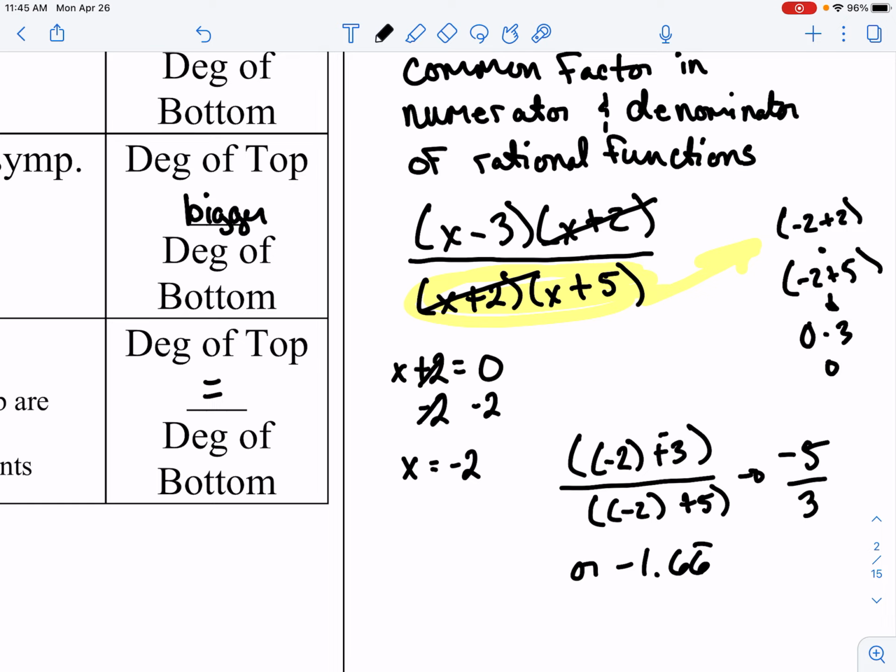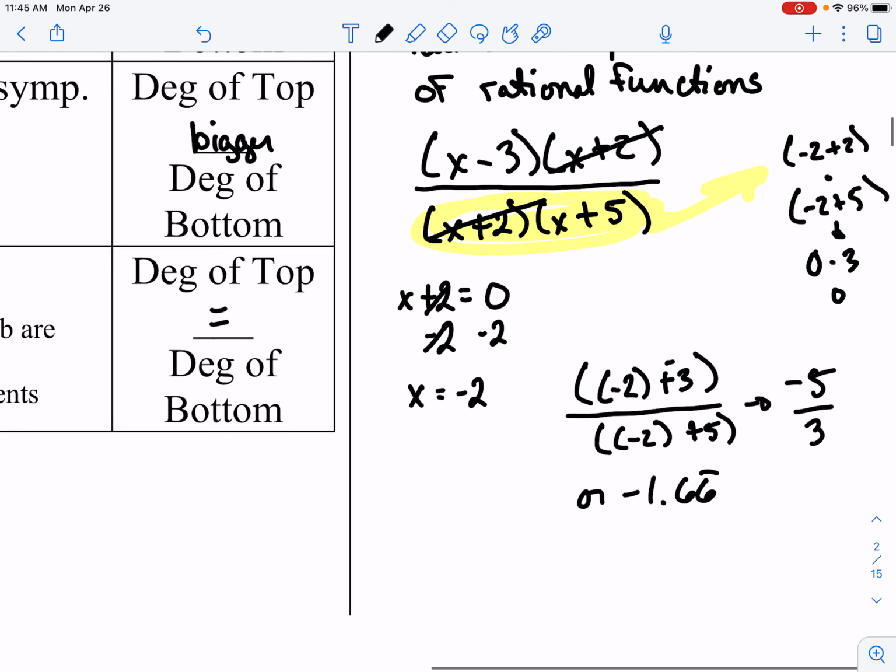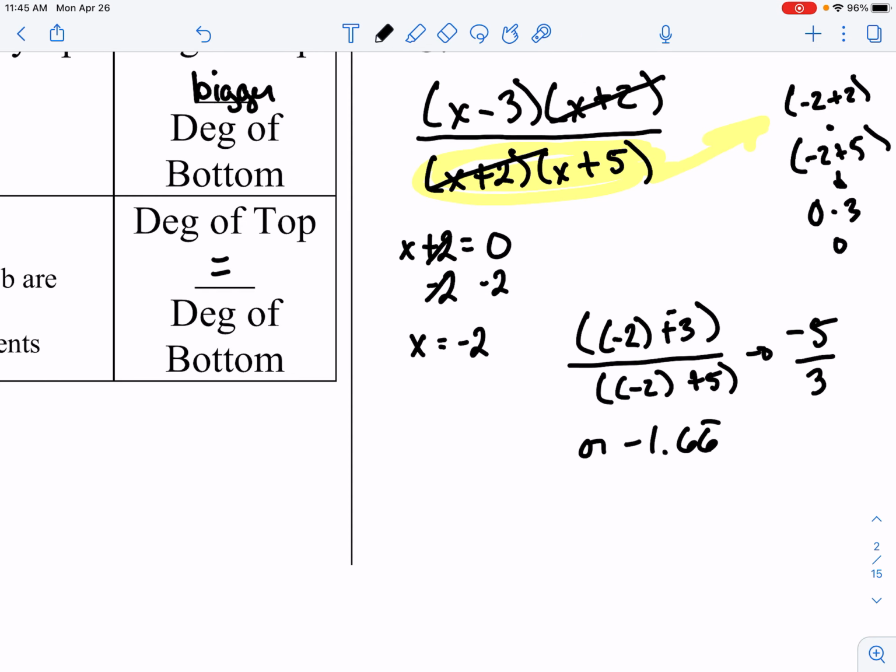All right. So this is how you get your point. So the point value would have been a hole at negative 2, negative 1.66 repeating.